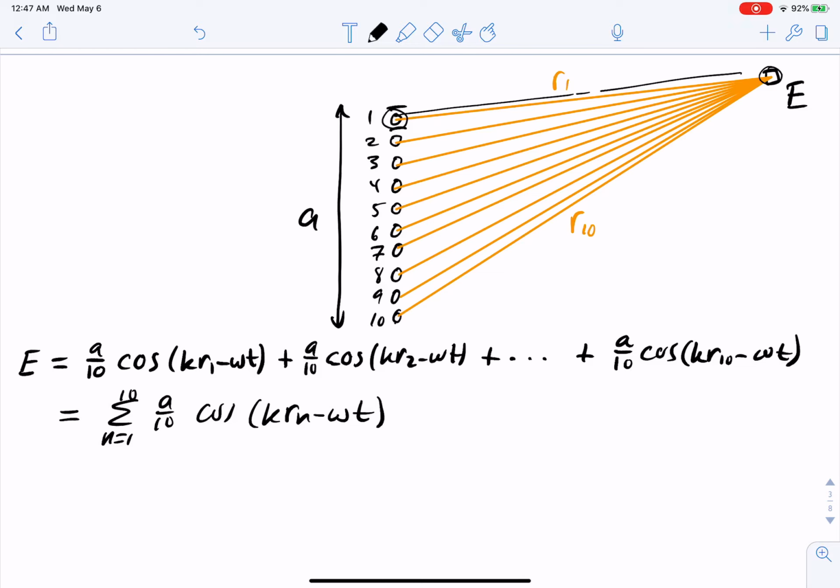Now, if we take the limit that we keep adding more and more of these, so not 10, but 20, 30, 1,000, the same form would happen, but this becomes an integral. I'm just arbitrarily taking a coordinate system here. That's the x direction, this is the 0.